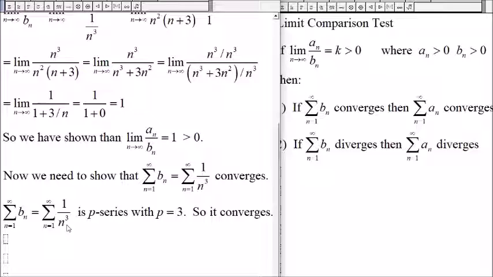And so we have shown two things: that the limit of a sub n divided by b sub n is equal to 1, which is greater than 0, and that the series b sub n converges.